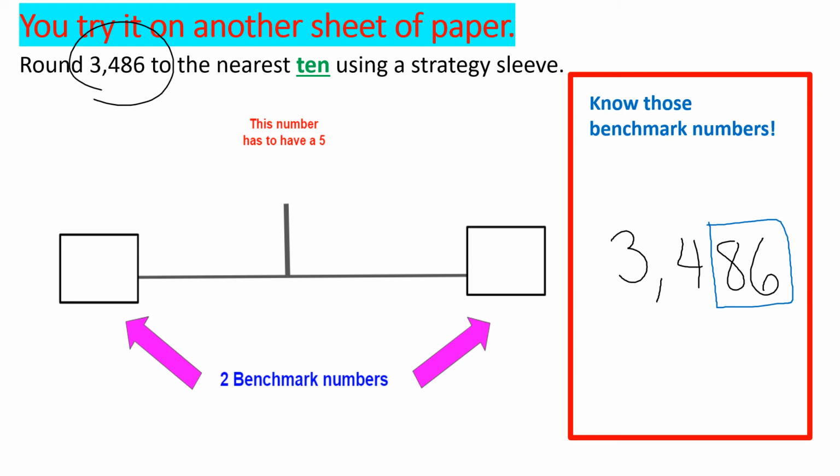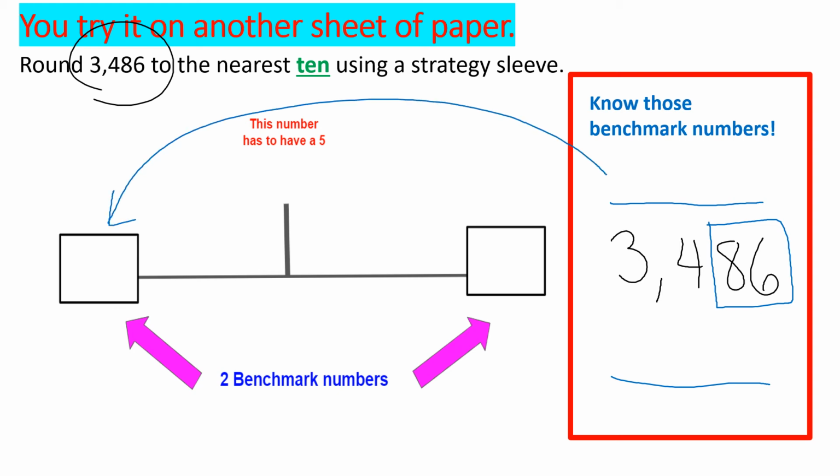All right, and then I want you to come up with your benchmark number here and your benchmark number there. You're going to write your benchmark number here, right there, and you're marking this benchmark number right there. All right, and then you're going to decide what 10 it's closest to, and you're going to circle which one it rounds to. Go ahead, pause the video, and do all those things on your sheet of paper with this number.